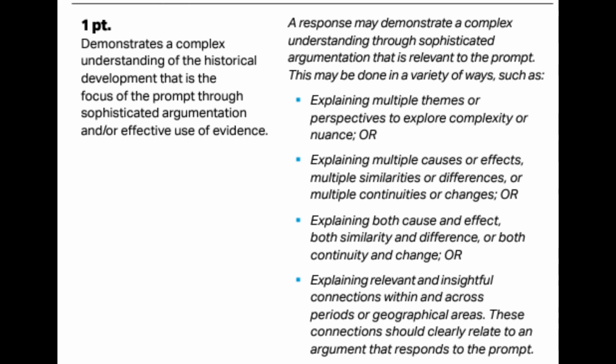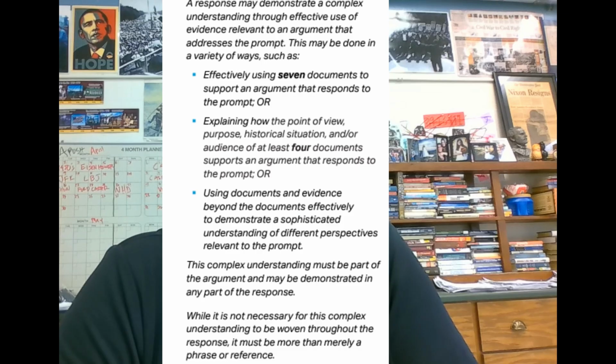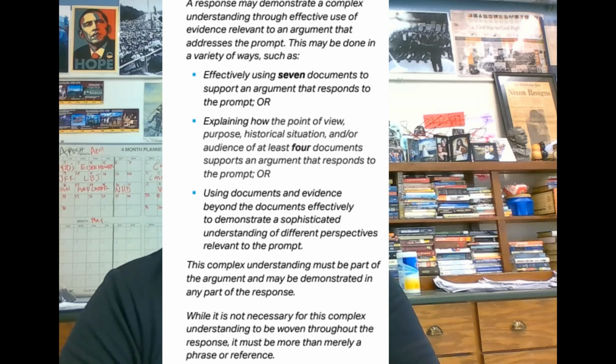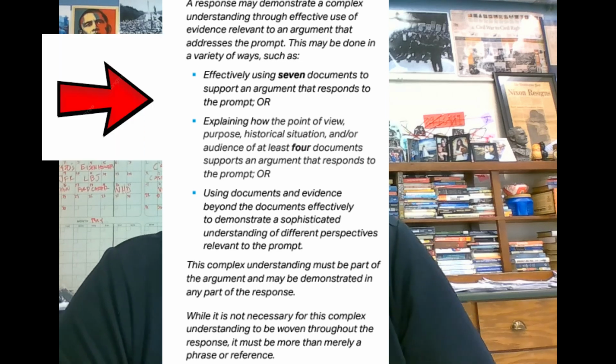The other way that you can get this is through the effective use of your evidence. This can be earned by one of 2 different ways. Number 1, you can use all 7 documents by correctly identifying them and adapting them to your essay.